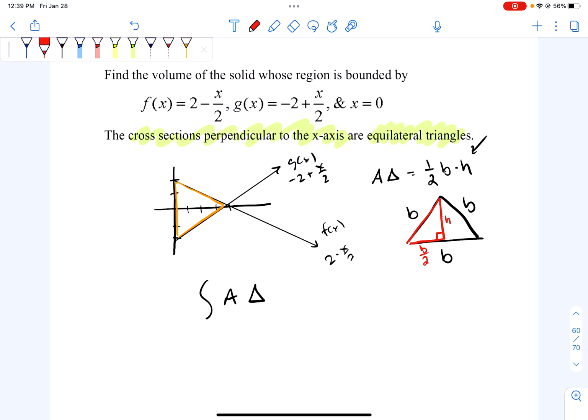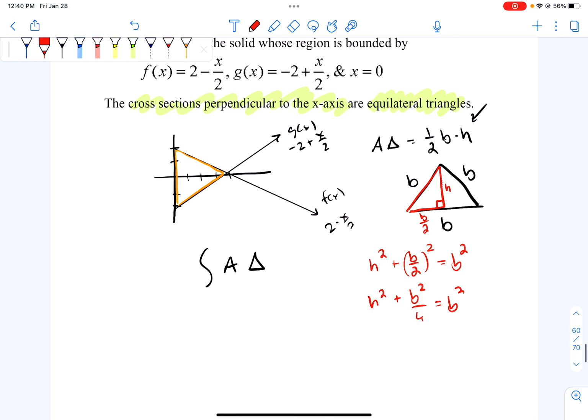Using that triangle, I can solve for h, because I know that h squared plus (b over 2) squared is equal to b squared, right? I've got the Pythagorean Theorem. So that means that h squared plus b squared over 4 is equal to b squared. So h squared equals b squared minus b squared over 4.